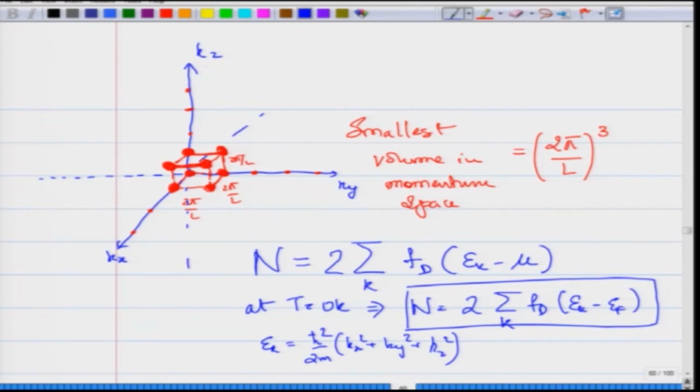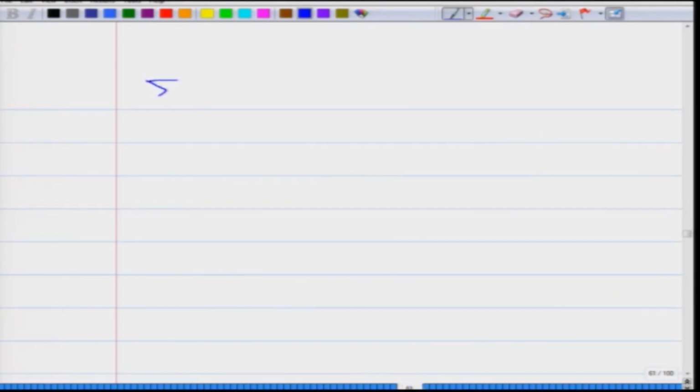Given that the smallest volume in the k space is 2 pi by L, the whole cube, because this is the volume of this cube and there is one state per such volume, the summation over all the k states which exist I can convert into an integral, where I take an integral over the entire volume in the momentum space divided by 2 pi by L, the whole cube.